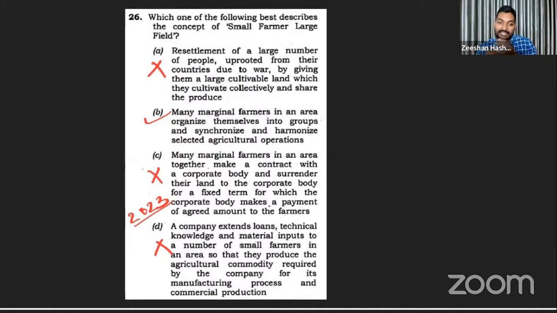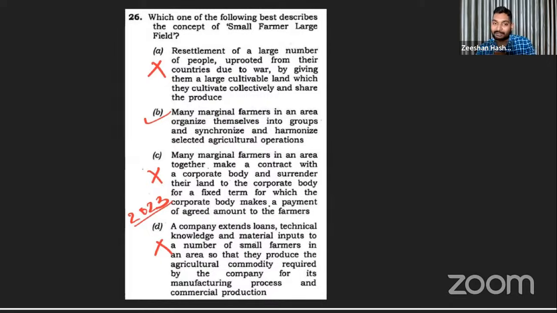We are sitting in the examination hall. The keyword given to us is small farmer, large field. Now let's go through the options. Even if we don't know, we will try to answer. What does statement A say? Settlement of a large number of people uprooted from their countries due to war by giving them a large cultivable land which they cultivate collectively and share the produce. Does it sync with the keyword?